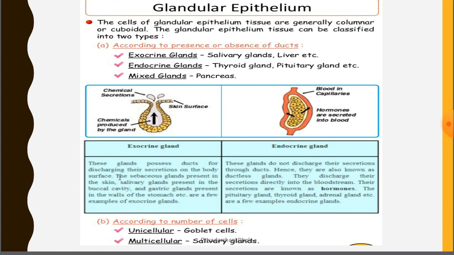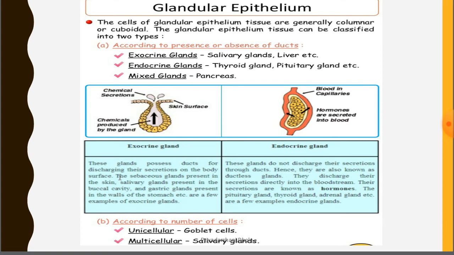This is the exocrine gland and endocrine gland; you can see in this diagram. What is meant by exocrine? The glands possess ducts for discharging their secretion on the body surface. Examples are the sebaceous gland in the skin, the salivary gland in the buccal cavity to secrete saliva, and gastric glands in the wall of the stomach.